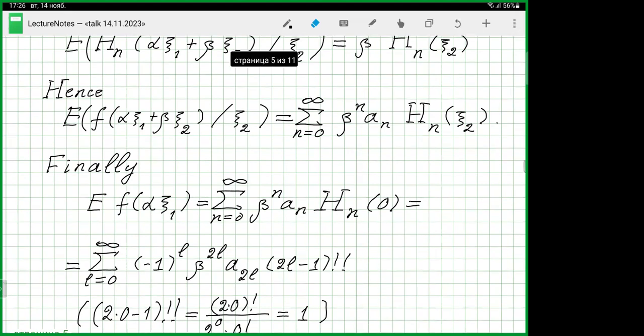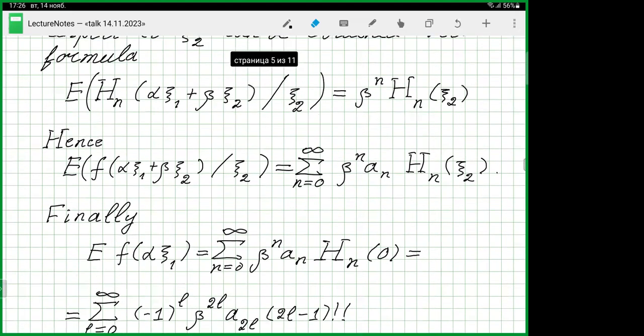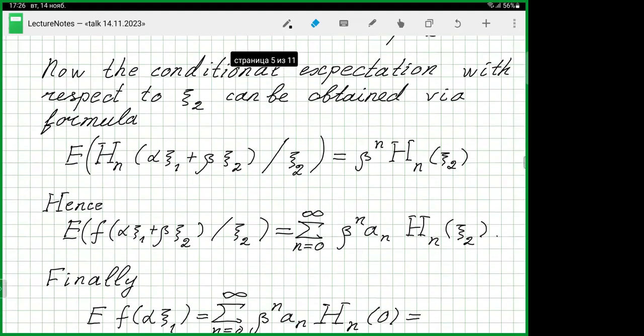This I have from this formula. Here is the reason, this one. And this formula can be easily obtained when you calculate the following.